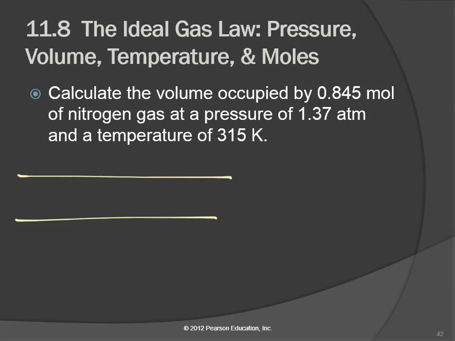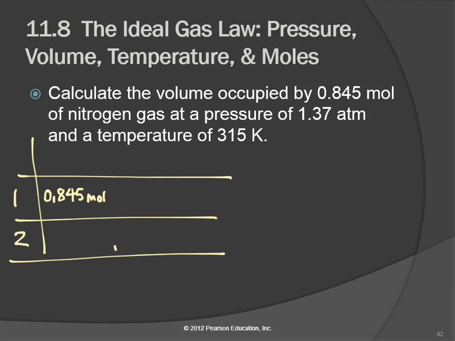So we're going to make a table, 1 and 2, just like we've been doing. Volume, calculate the volume. Okay, there's no number there. We'll ignore that for now. We're looking for numbers. 0.845 moles. And what variable is associated with that? n, right?